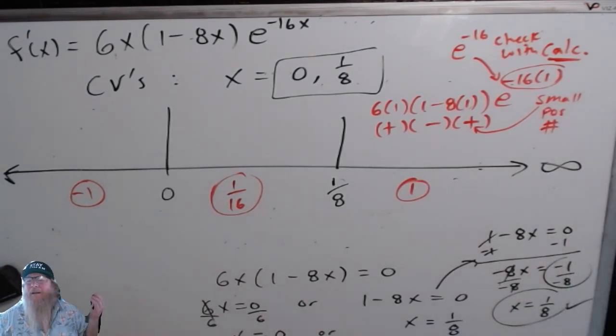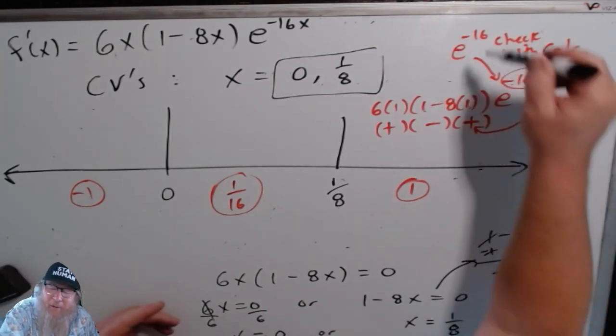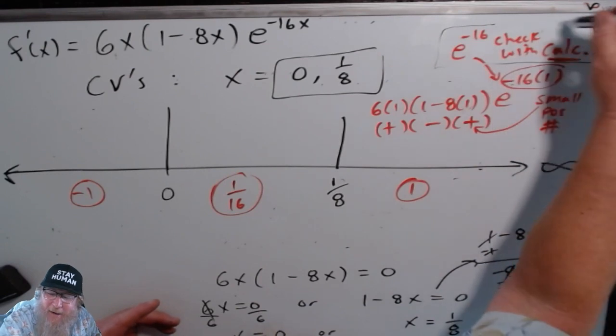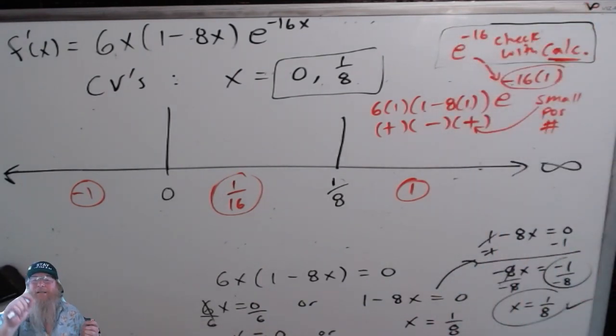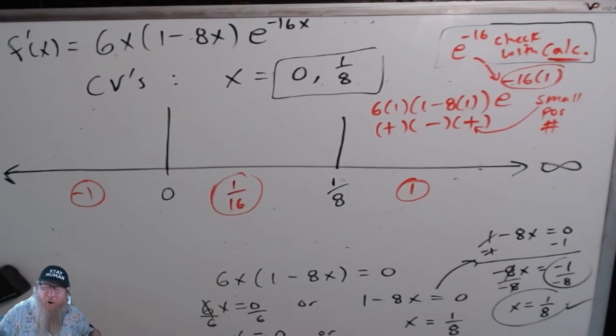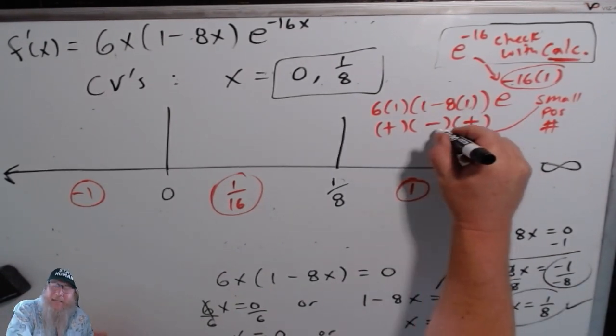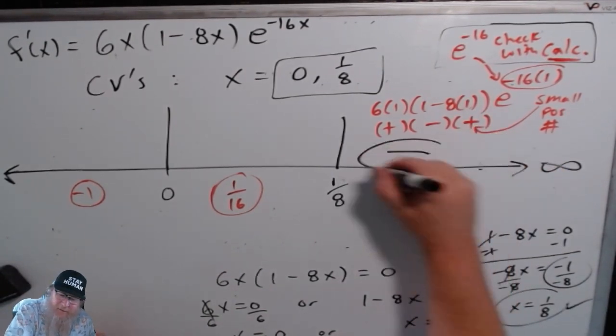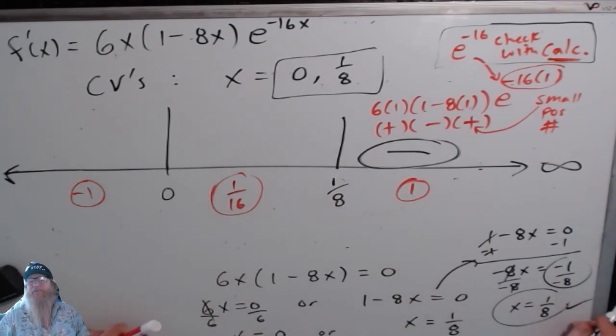I'm not using my calculator unless I absolutely have to, but I've done it before, and if you don't believe me, plug it into your calculator and you will get 0.00000, whatever it is. I don't know exactly how many zeros it has, but it is a very small positive number. So overall, we have a positive times a negative times a positive, and so this region is negative.